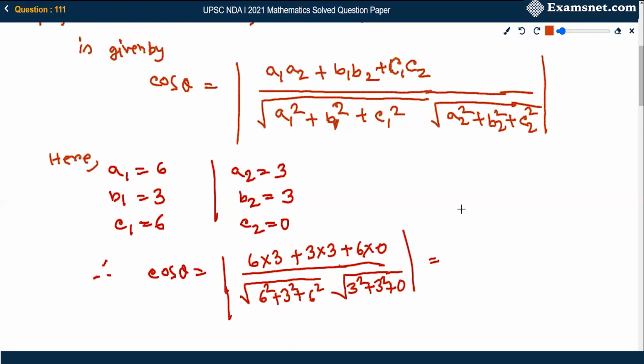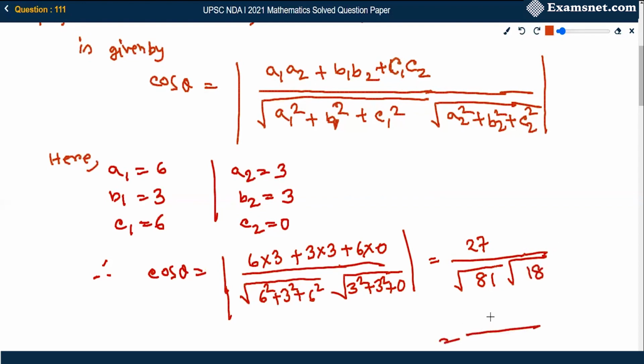So here we will get the value 6 times 3 is 18 plus 9, so 27. Also here we will get 36 plus 9 plus 36. Correct? So it will give us the value 81. And here also 9 plus 9, 18.